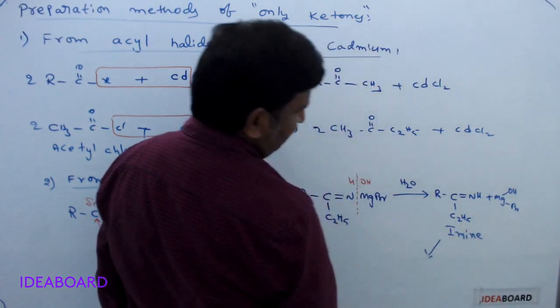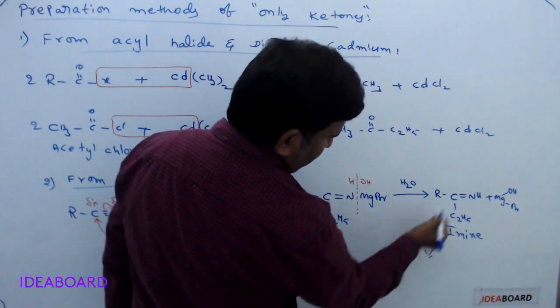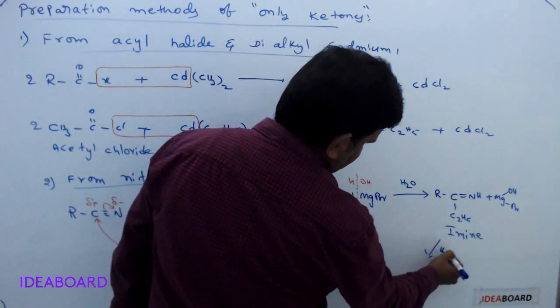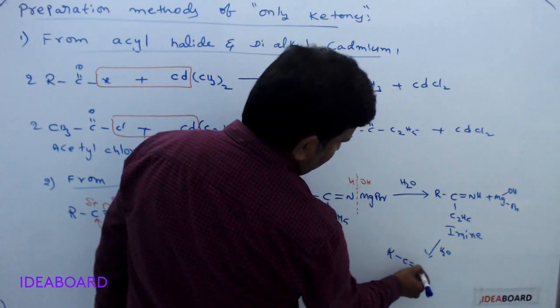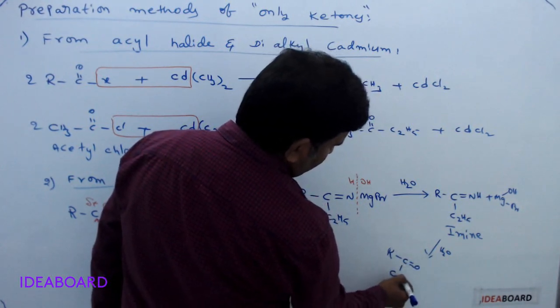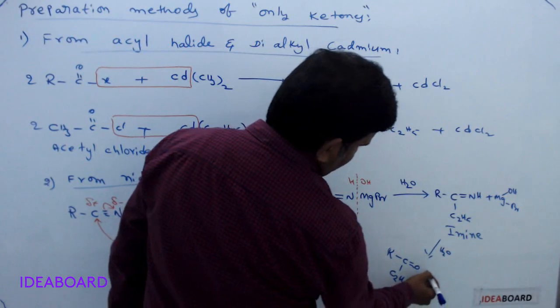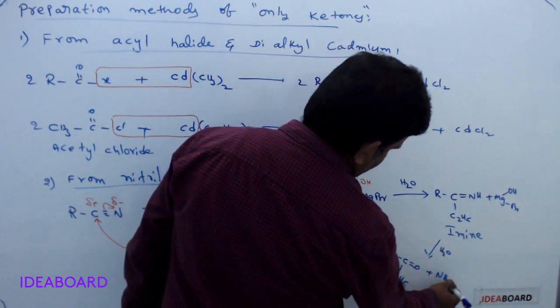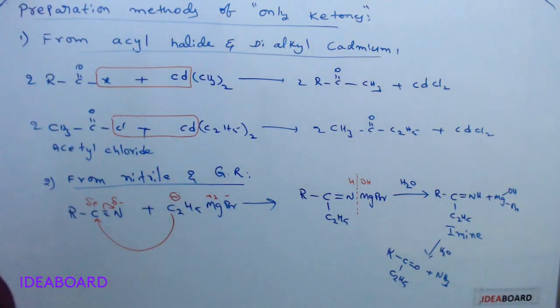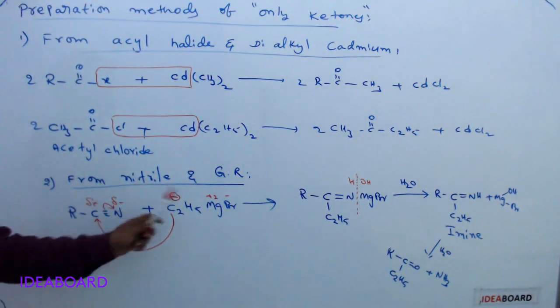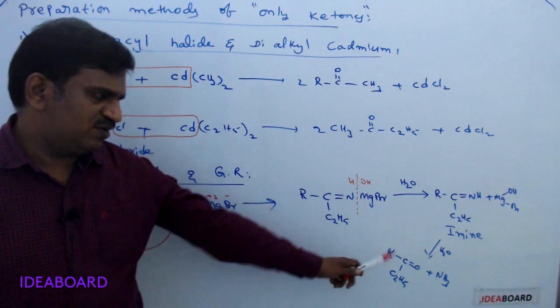This is called an imine, and on further hydrolysis it forms RC(=O)C2H5 plus NH3. This is from nitrile and Grignard reagent followed by hydrolysis.